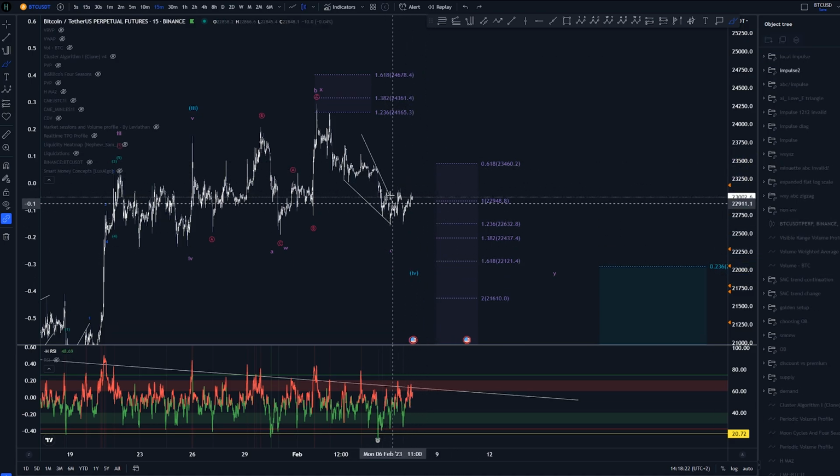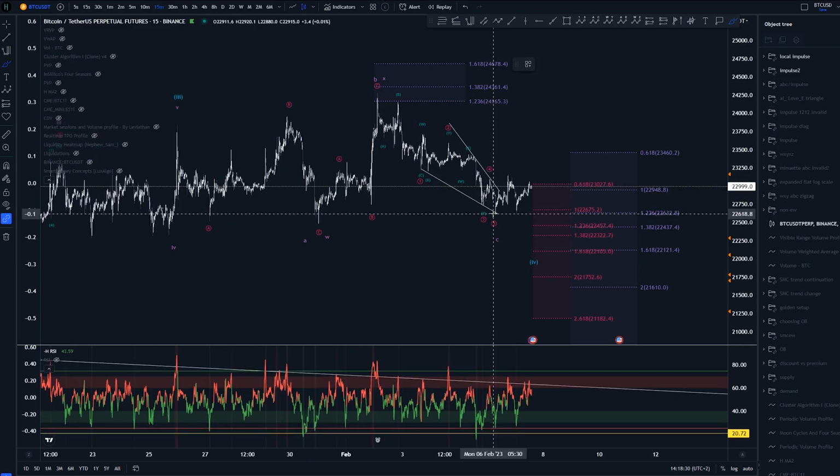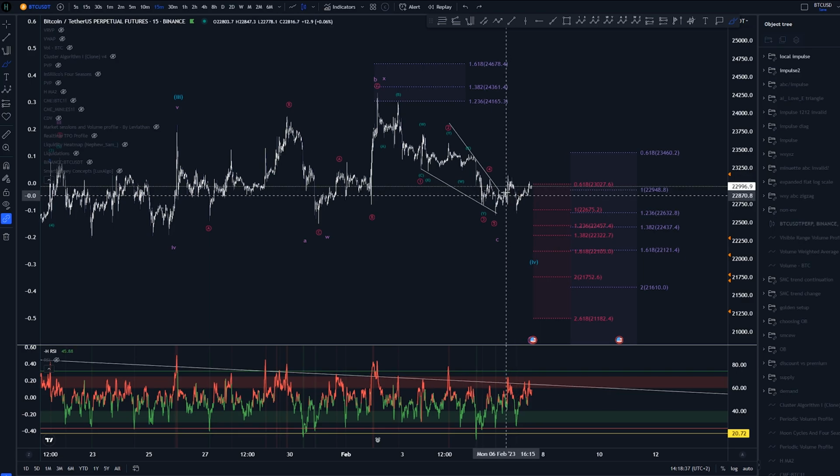At that point, the entry here would have been amazing. But based on the structure that we've had here, it looks way more like a 3-wave structure, so that's why I was not really liking that.